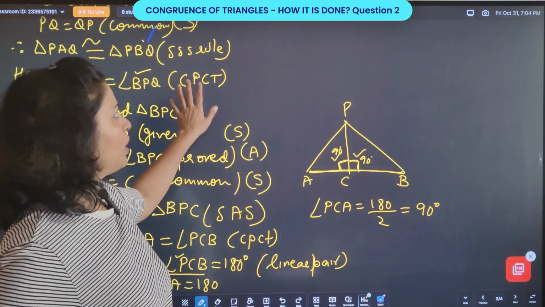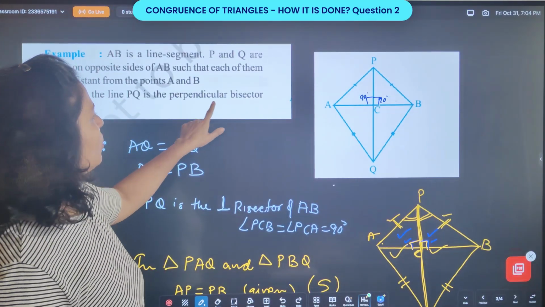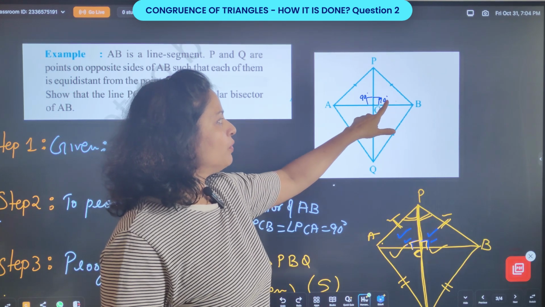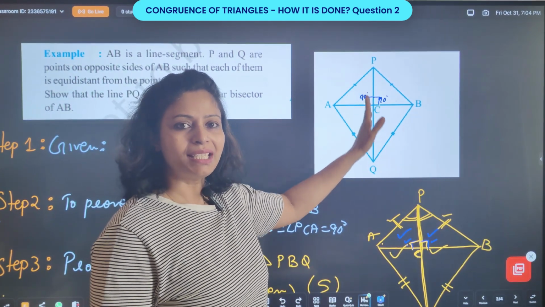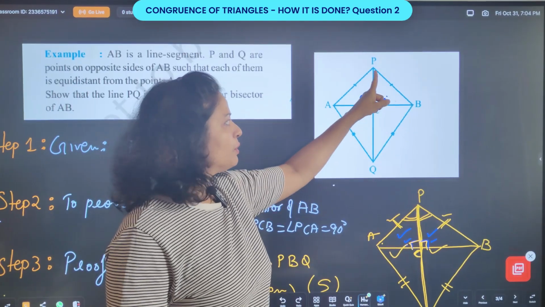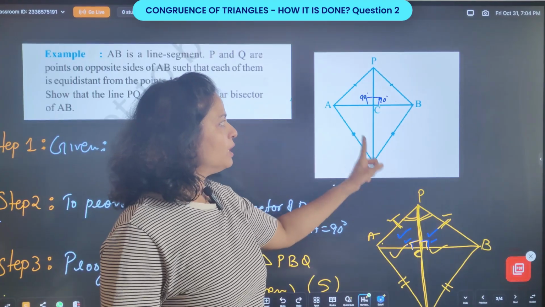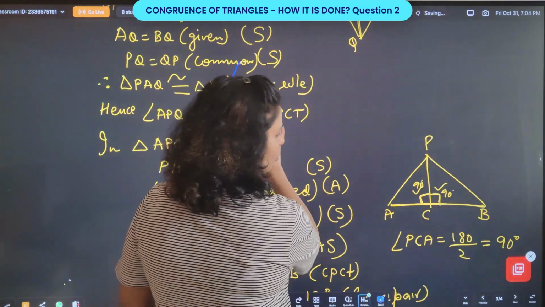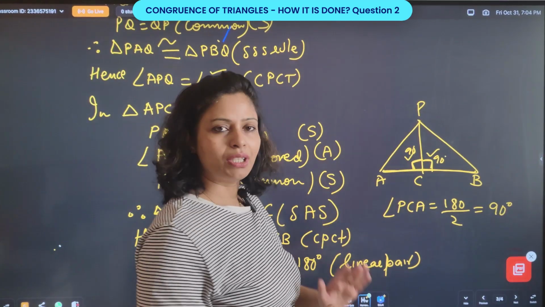What they are asking us to prove is that PQ is a perpendicular bisector. I told you initially that we have to prove this angle to be 90 degrees. When it is 90 degrees, it means it is perpendicularly bisecting the line AB. Our main aim was to prove this angle to be 90 degrees, and we did it by congruency and after that CPCT.